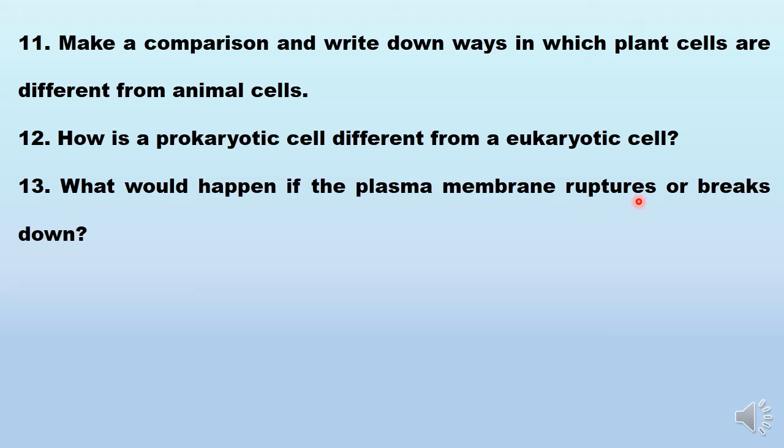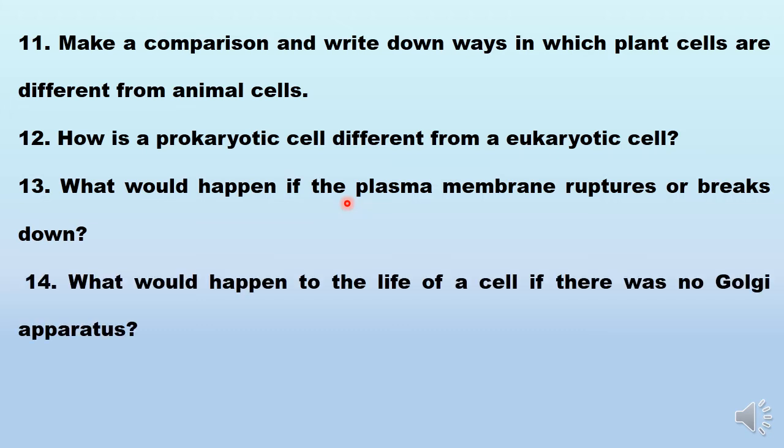And if it breaks down, then there will not be any segregation or barrier between cytoplasm and the outside environment. In the absence of maintenance of the inside environment, or homeostasis, the cell will eventually die because its inner environment is changing according to the outside environment.